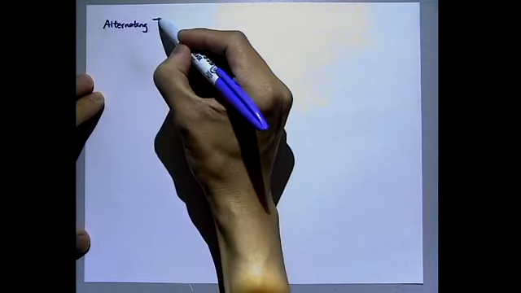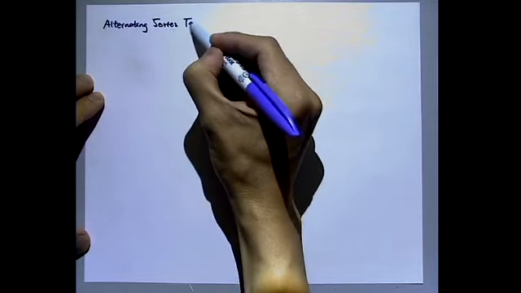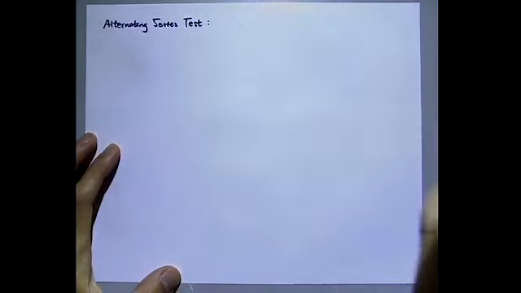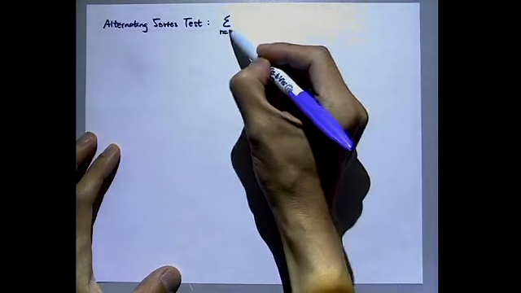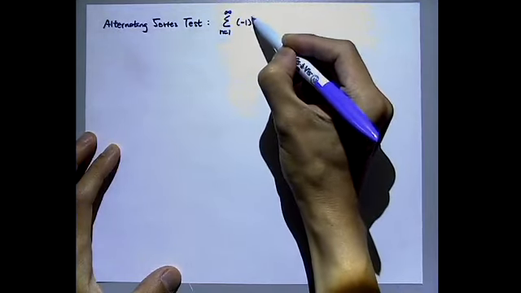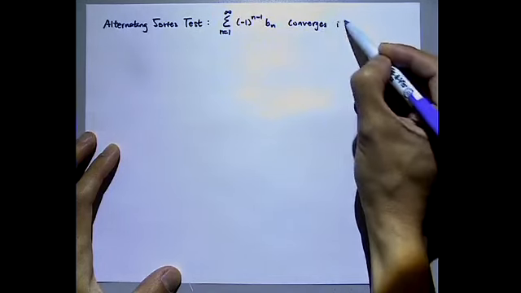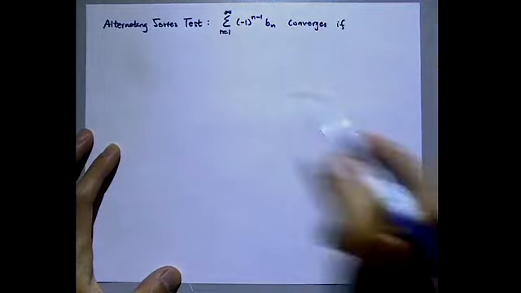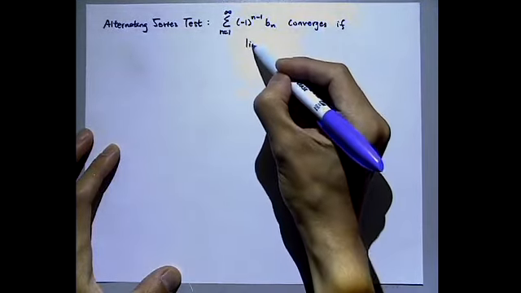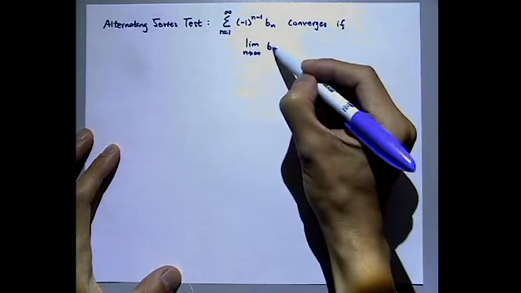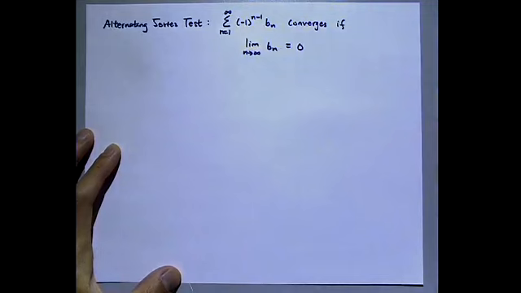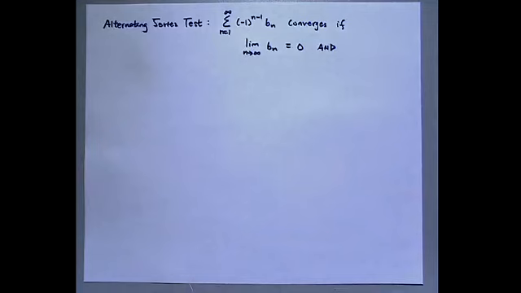Okay, next we have the alternating series test. And that's pretty clear when to use that too, right? You have an alternating series, then you use that test. The alternating series will converge if the terms eventually go to 0 and, what's the second condition?